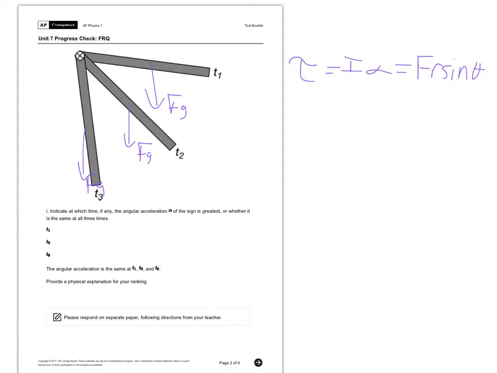So therefore, the angular acceleration is not the same at all 3 times. And what we want to do is figure out when you're going to have the greatest amount of torque. Well, as theta gets closer to 90, sine gets closer to 1. Therefore, as theta is decreasing, your torque must also be decreasing. That means that your greatest amount of angular acceleration will be at T1.